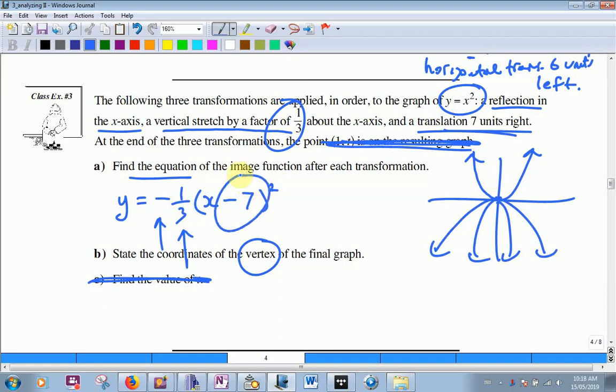But what happens if I move it 7 units right? It's now over there. That's what this parabola will look like. Compared to y equals x squared, this thing will be flipped, fatter, and moved down the line 7 units. So, my vertex is now (7, 0). Okay?